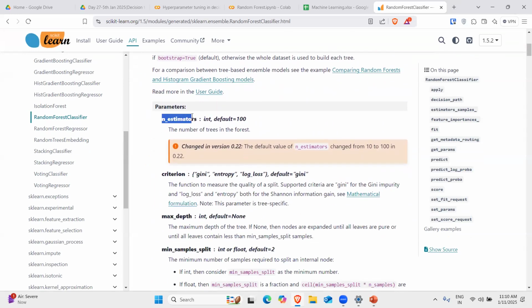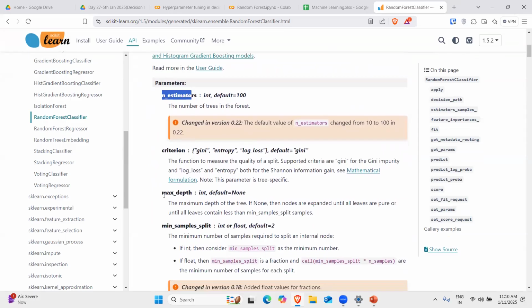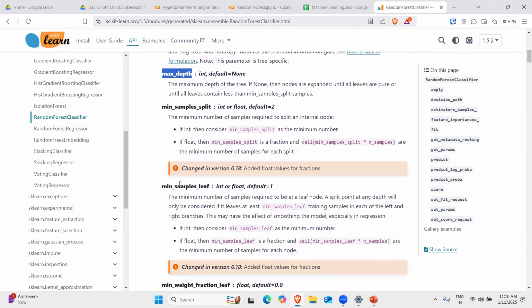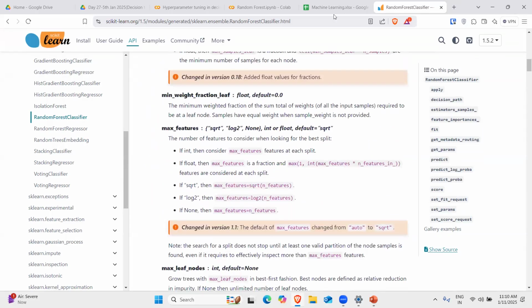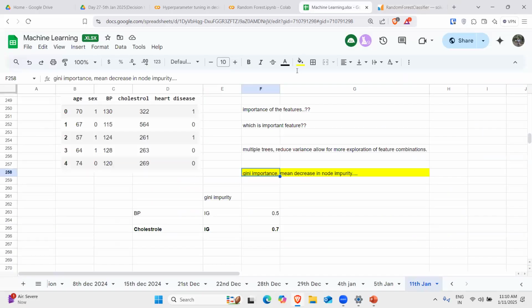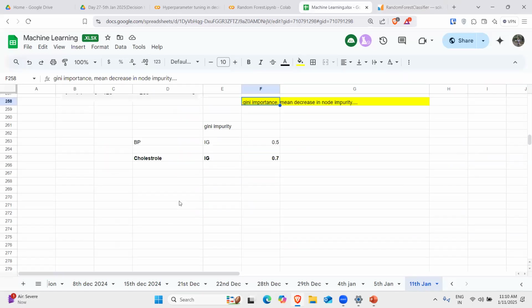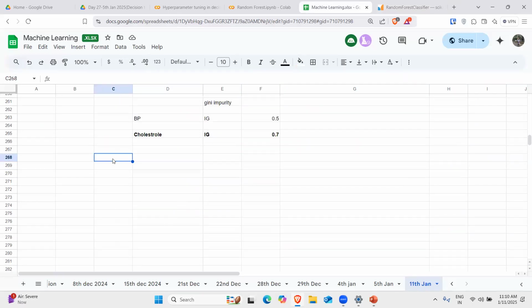Like, what is n_estimators? What is the effect of max depth? What will be the effect of minimum sample leaf? What will be the effect of max features, right? So the hyperparameters that we have in random forest, and the effect of the hyperparameters, we'll summarize as below. So we'll write on the effect of maximum features.